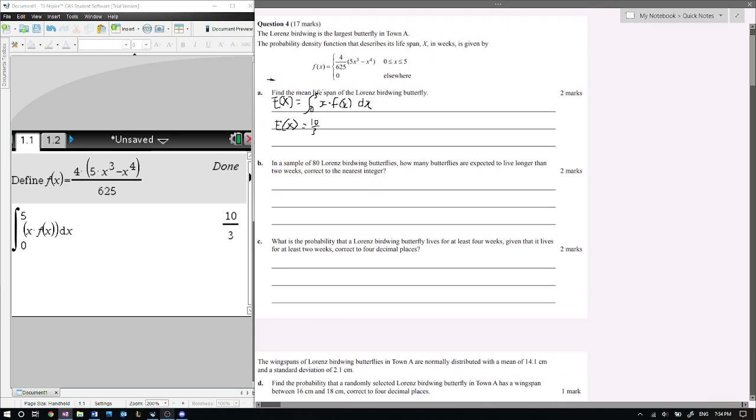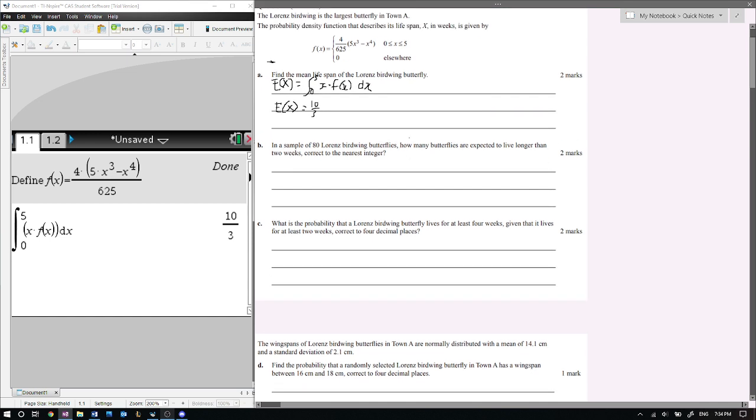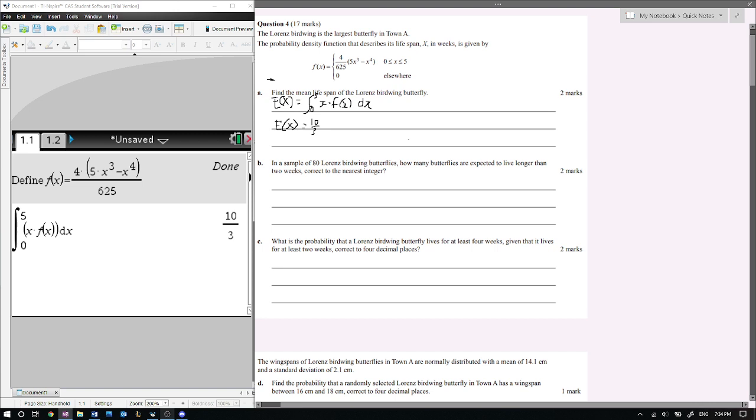So moving on, question B: in a sample of 80 Lorenz birdwing butterflies, how many butterflies are expected to live longer than 2 weeks? Correct to the nearest integer. So again, I think back to area under the graph in a given domain, and my variable x here gives the number of weeks that a butterfly will live.